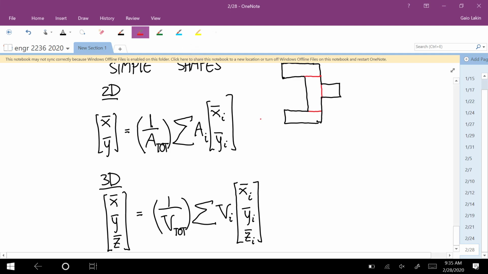And by the way, I'll do examples like this, but these work with addition and subtraction.